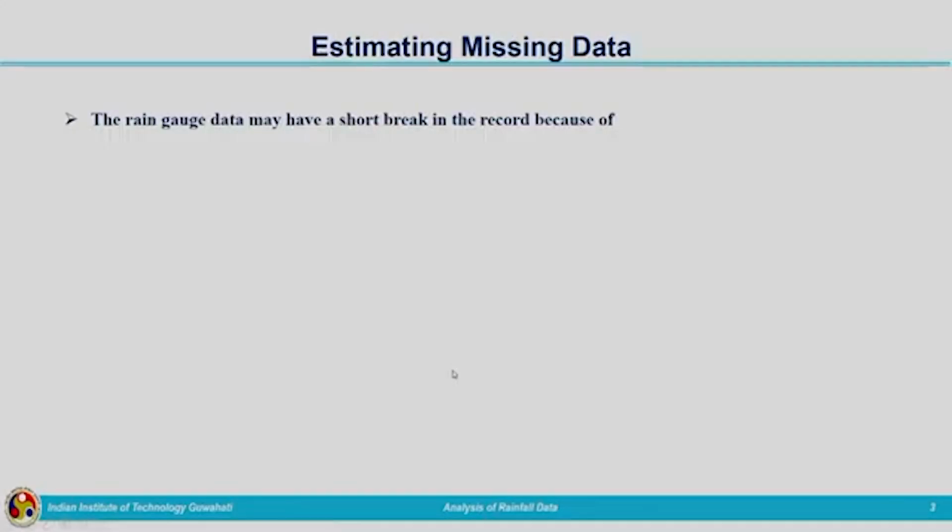For estimating missing data, the rain gauge data may have some short breaks in the record. How can that break occur?